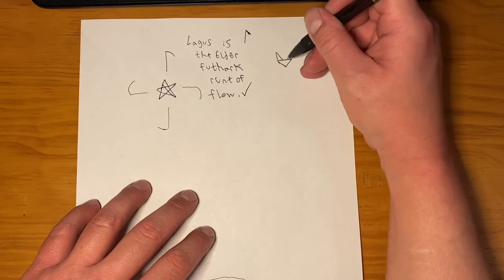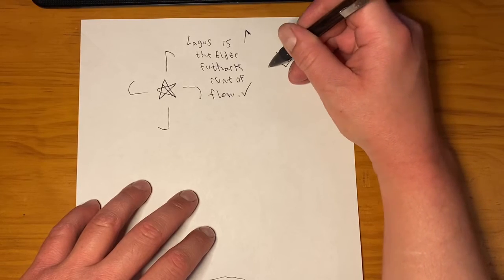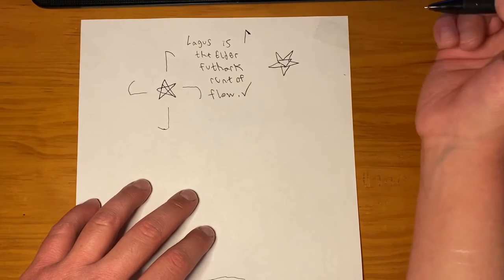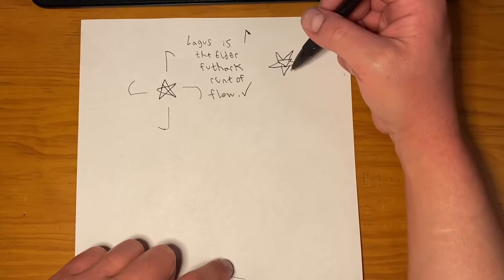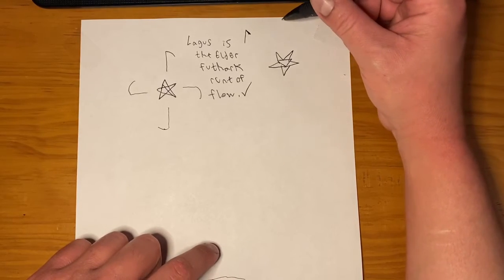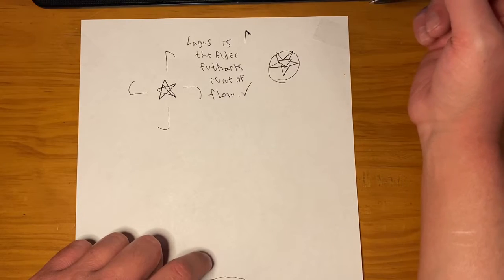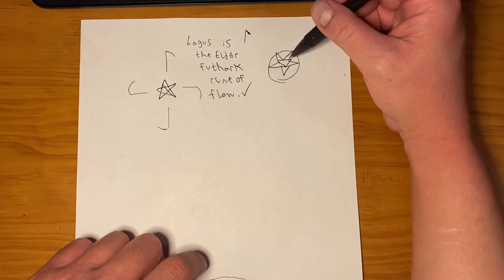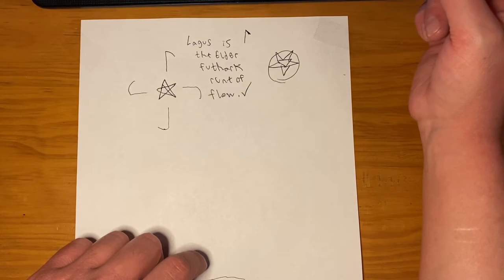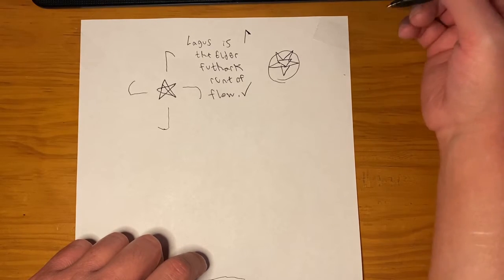So let's do something funny. There we go. Let's do it that way. So all right, if you have a reverse star, this can represent a number of things. So this can represent descending, but it can also represent self-empowerment.